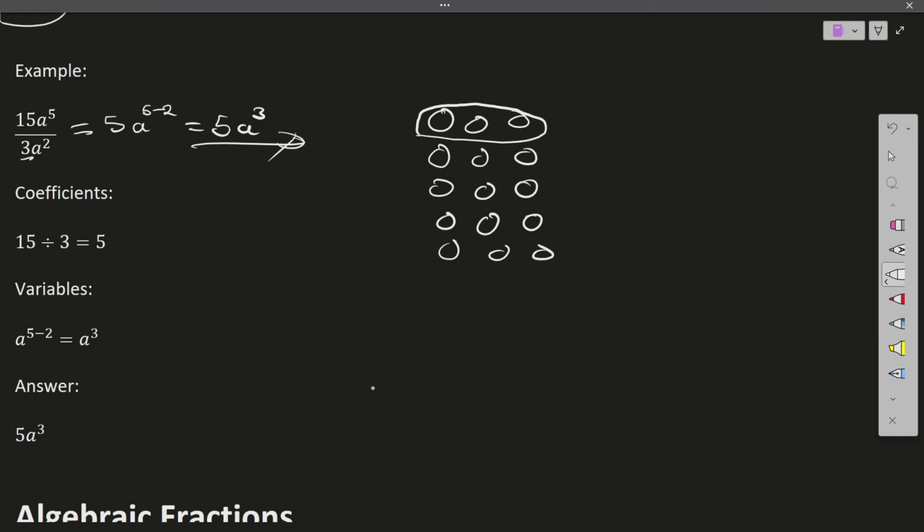Dividing by 3, how many is each going to get? Here you have 5. So that is how we got our 5 in this 15 total. You got 5 here. So this is the behind the scenes, BTS, of the coefficients.